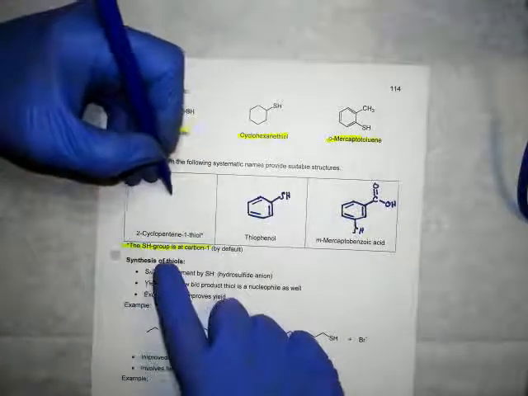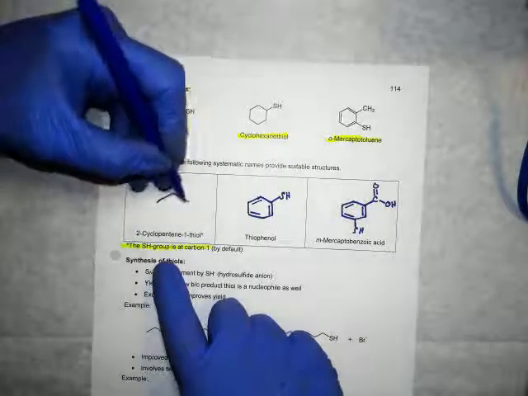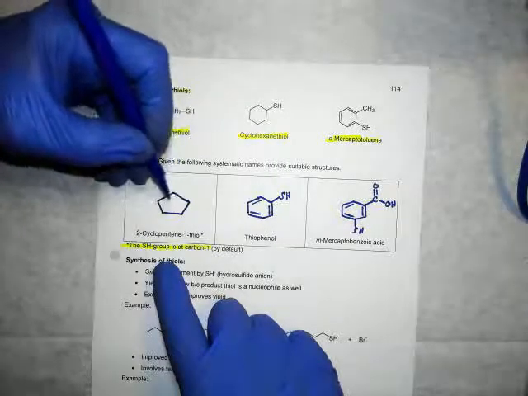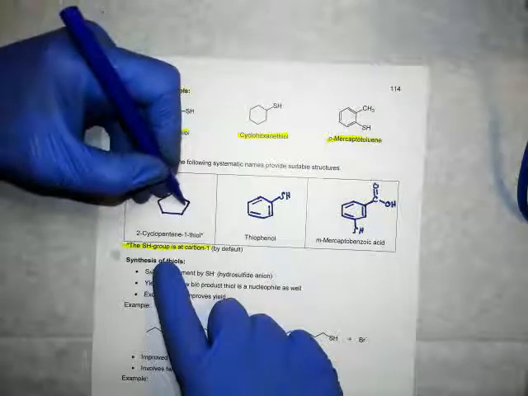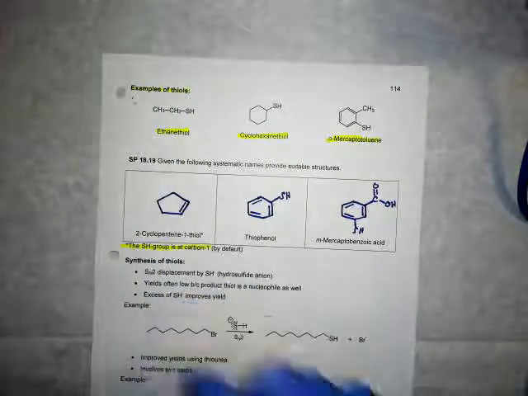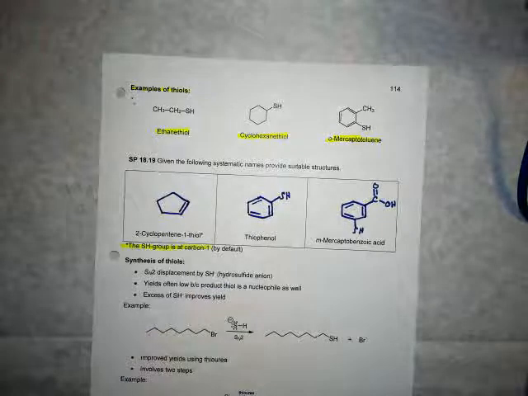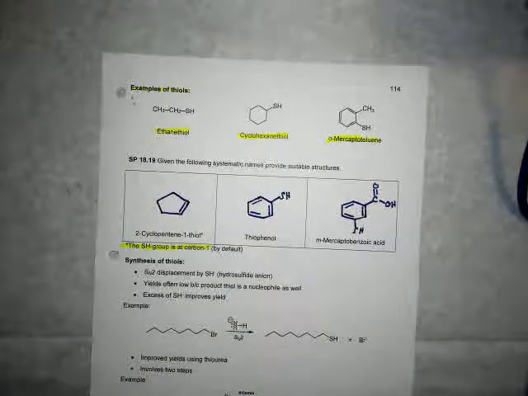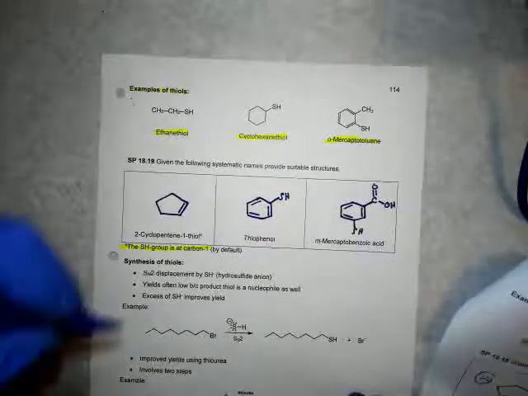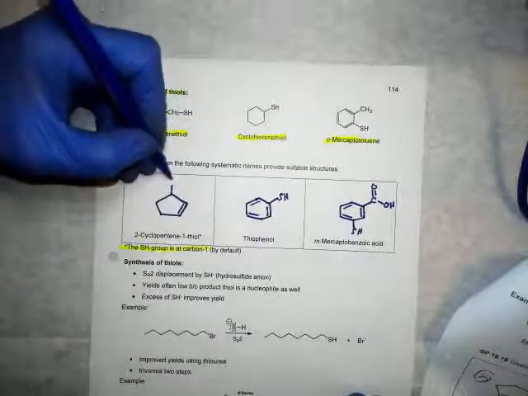So let's go ahead and sketch that. We know we have a 5-membered ring, cyclopentene. To make it a cyclopentene, I need a double bond in there somewhere. And where would I attach my SH group? Well, interestingly, this is kind of bizarre, but the SH group would go here.